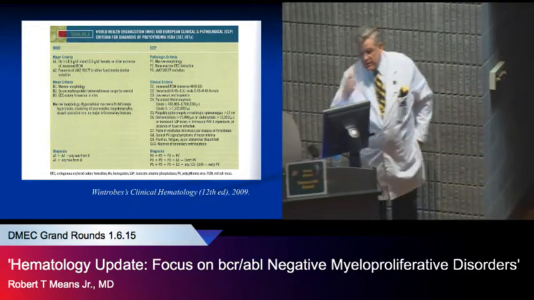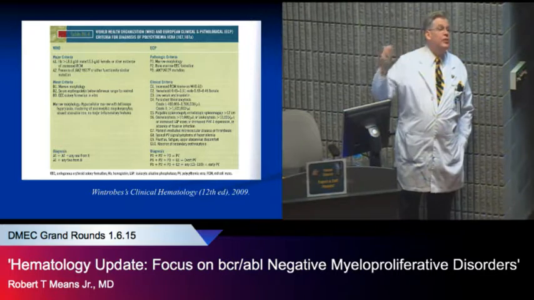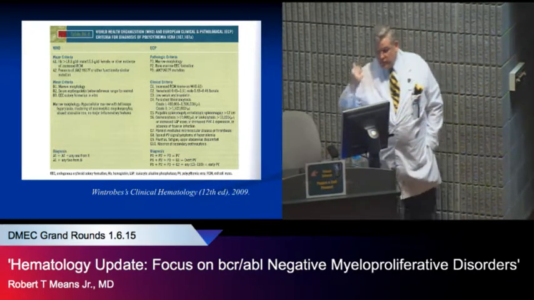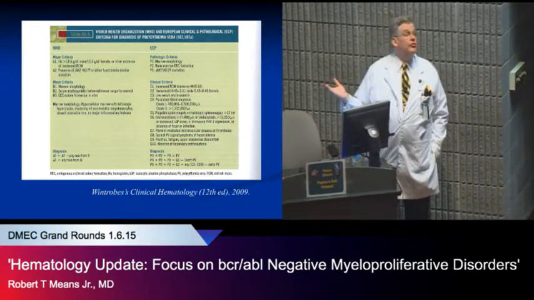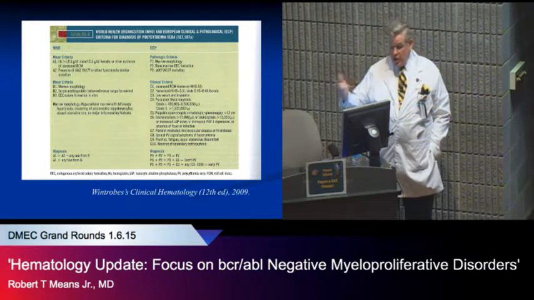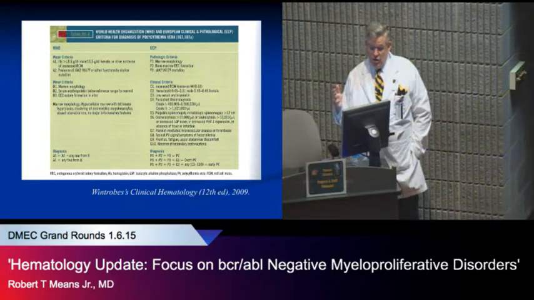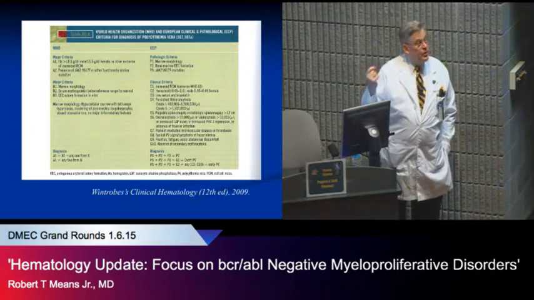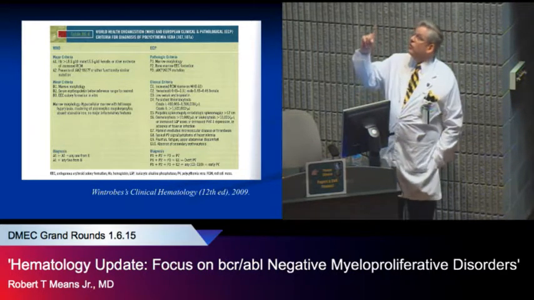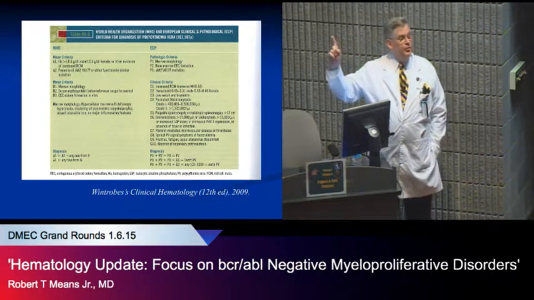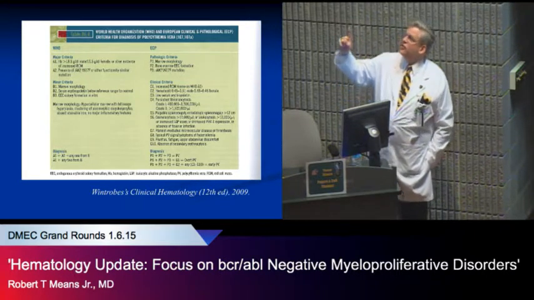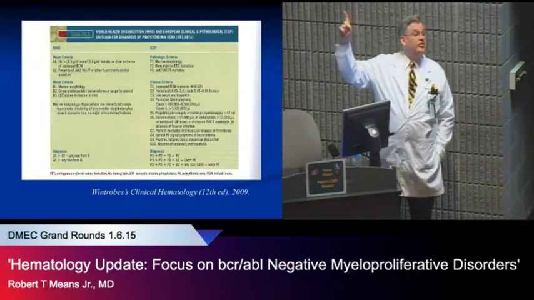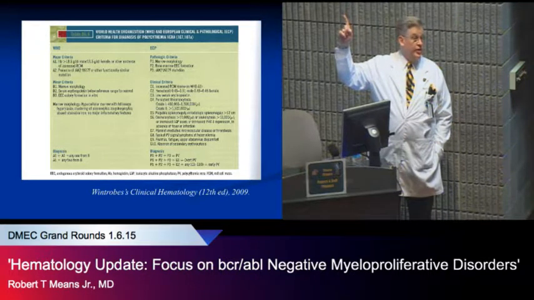But anyway, the criteria use specific hemoglobin levels, 18.5 or 16.5 in men and women respectively, or a hematocrit, instead of a red cell mass. Now, there's a lot of argument, particularly by people who like red cell masses, that that's not necessarily an ideal criterion.